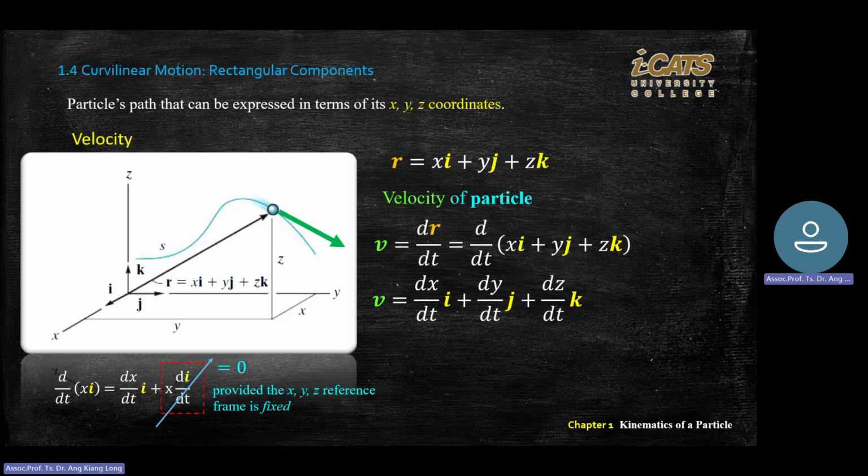So basically, you know that x and i is a vector differentiation. So you do d/dt, something like that. But that is not important. So at the end, you write v equal to vx i plus vy j plus vz k.